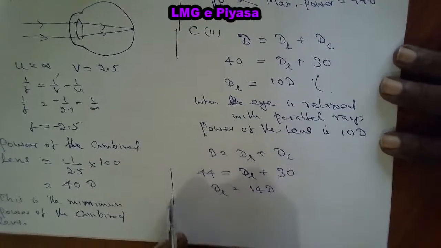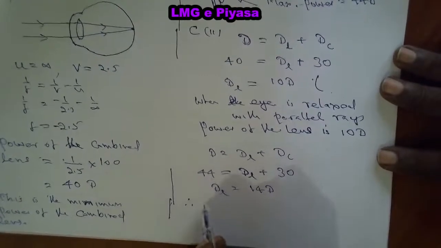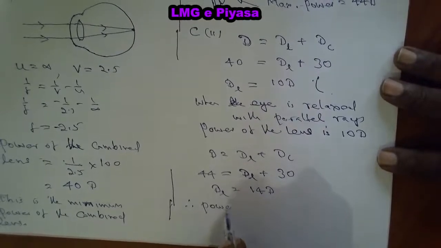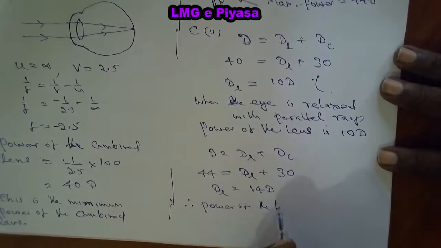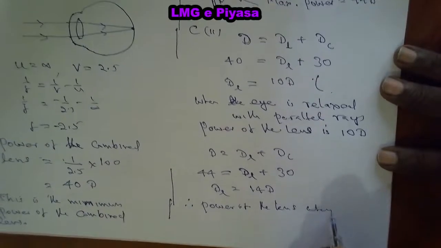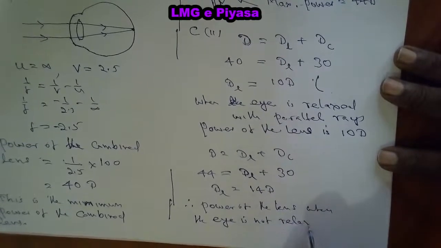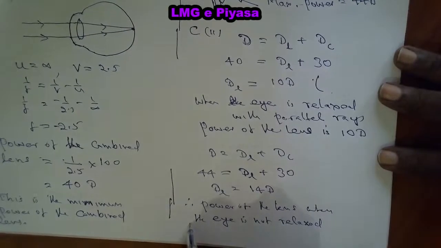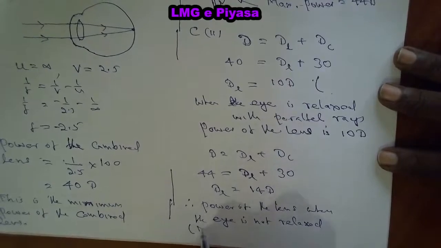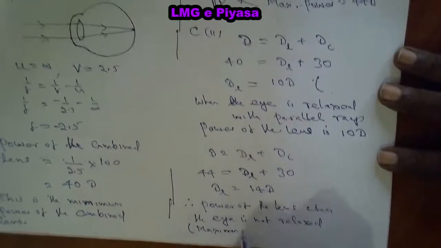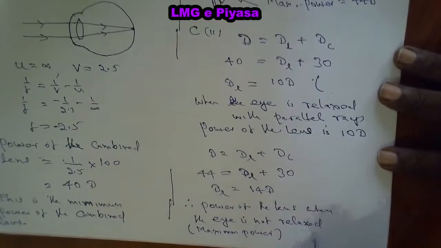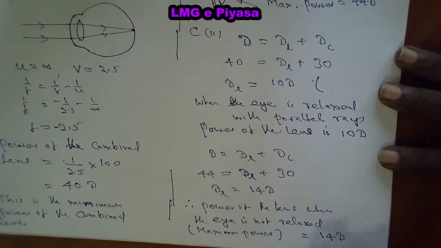So the power of the lens when the eye is not relaxed, or maximum power, equals 14 diopters.